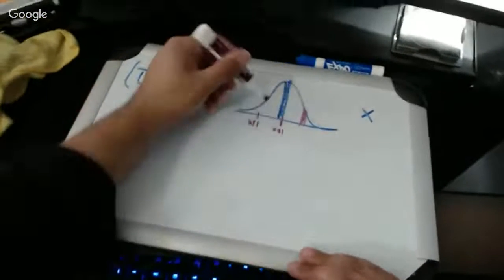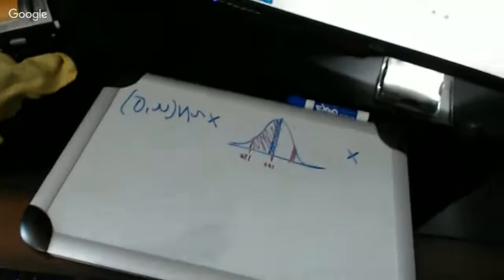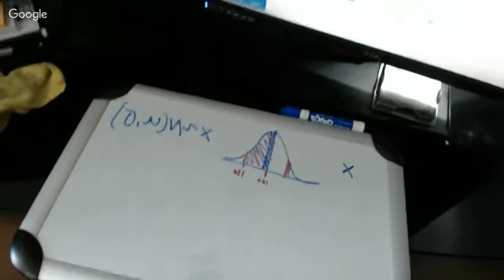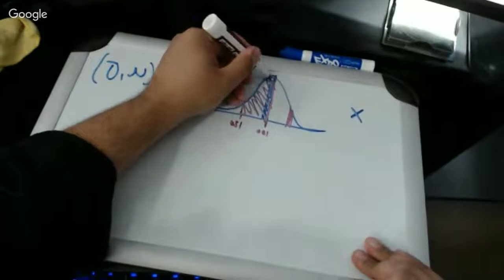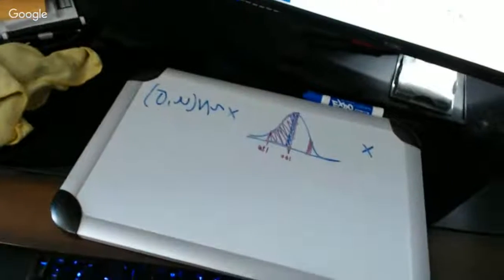Really what I want to know is what area this is, right? That's the nature of the problem I'm asking you. The real way you solve this is that this normal distribution can be described by a mathematical formula, and you can use calculus to get this area, but we don't want to do calculus, right?